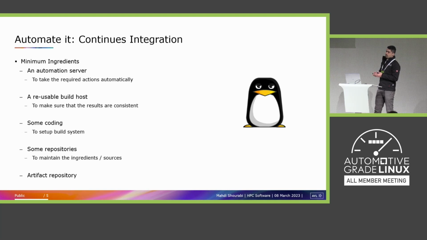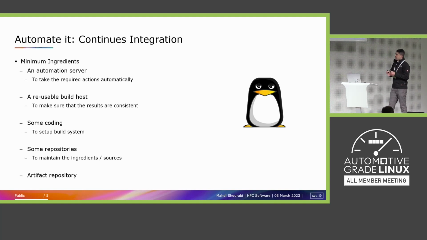So if we want to prepare such a system, we need a minimum of ingredients such as an automation server. We need an automation server to program it to do the build steps that we want. And also we need a reusable build host. We need the build host to be consistent across all of our builds, because we don't want to have multiple products, multiple artifacts with different behavior.